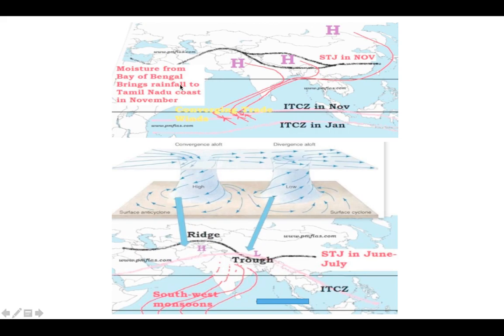So during the months of, you can say, November and so on, at that point of time, we have the STJ over the Indian subcontinent. In the months of November, December, we have the STJ over the Indian subcontinent. As we move from November, December, January, February, like that, towards the summer season, this STJ is now moving behind the Himalayas.